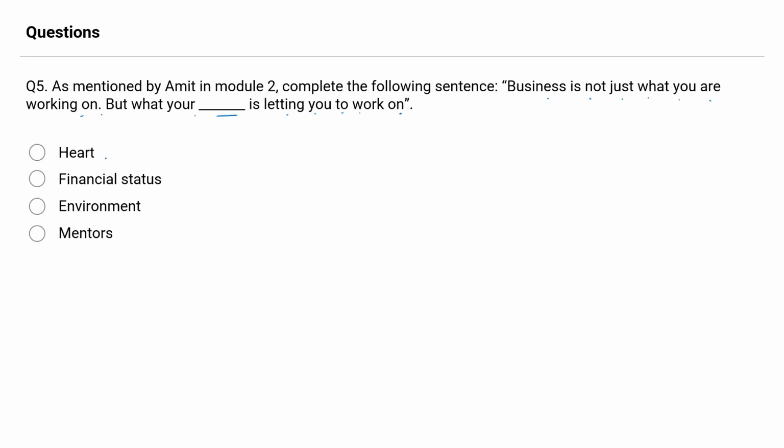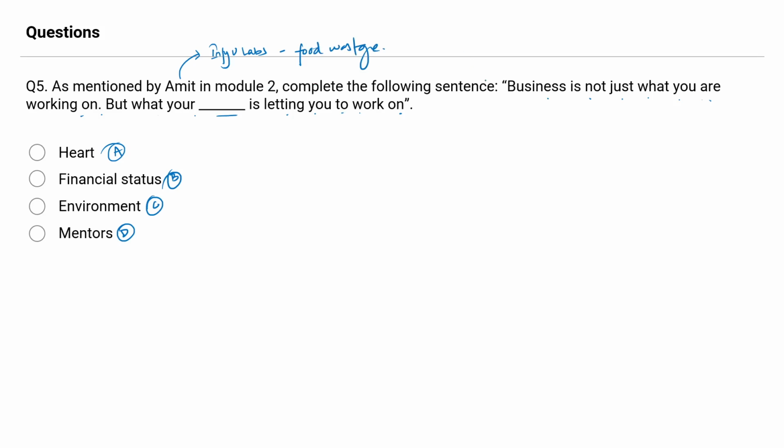Okay. Options are heart, financial status, environment, and mentors. So Amit, if you remember, is Amit Srivastav from InfiU Labs, and he was working in the area of food wastage.